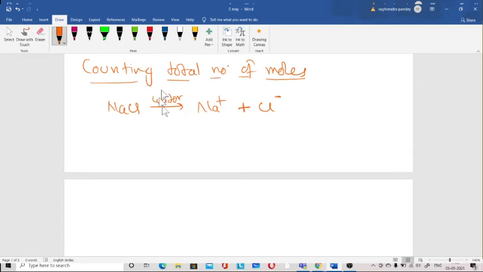Remember that sodium chloride does not react with water, it only dissociates into ions. If we take 1 mole NaCl, it will give you 1 mole of sodium ion and 1 mole of chloride ion if it is 100% dissociation.